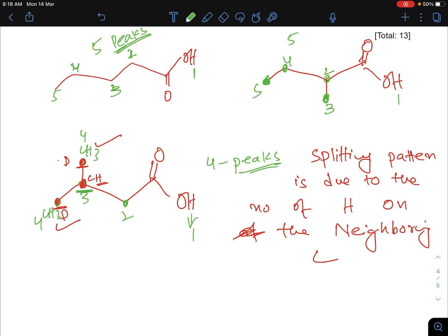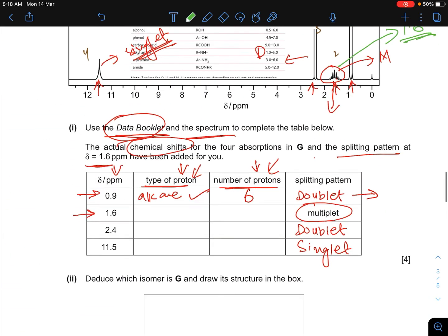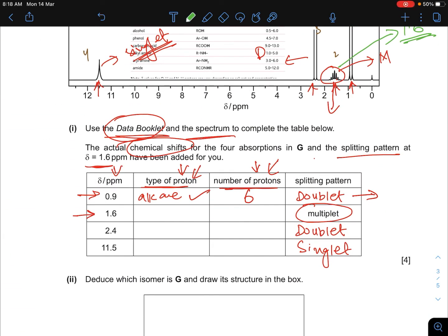This is attached to this carbon atom which has 3 hydrogens, this carbon atom which has 3 hydrogens, and this carbon atom which has 2 hydrogens. So this carbon would give a multiplet, right? And how many protons are responsible? 1. So the multiplet is due to number of protons 1, and type of proton is again CH, or you can write alkane.